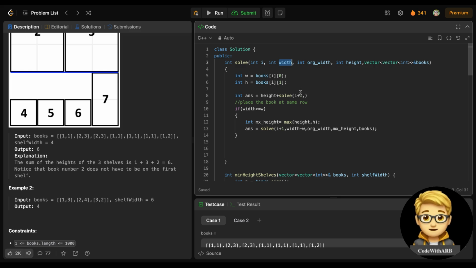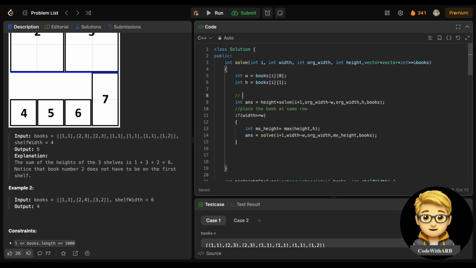If you place it in the next row, the width will be the original width minus w, and that was the remaining width which will be passed. And this is the original width, and the height would be this h only, right? And the books will be this, right? So this is when you place the book in the next row.